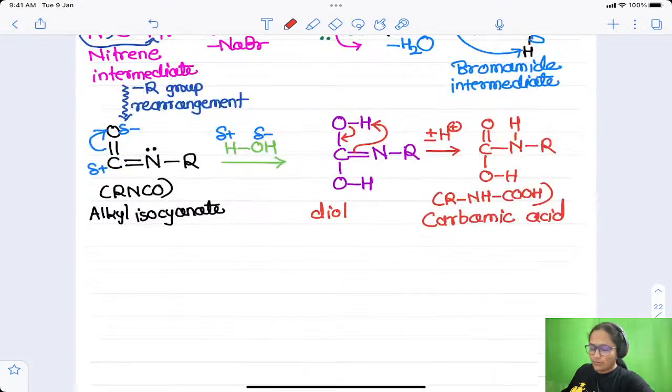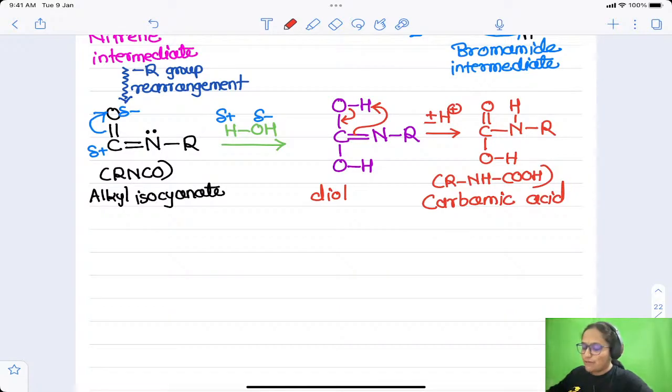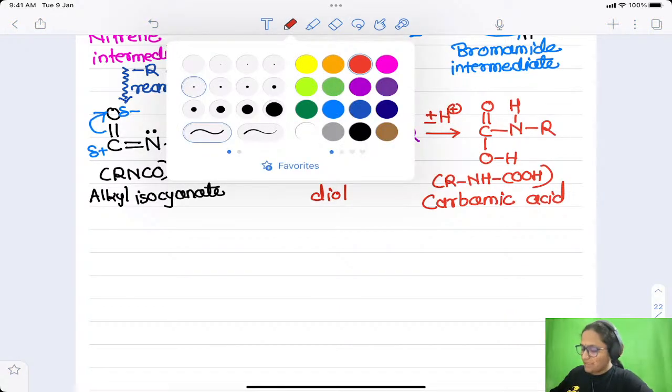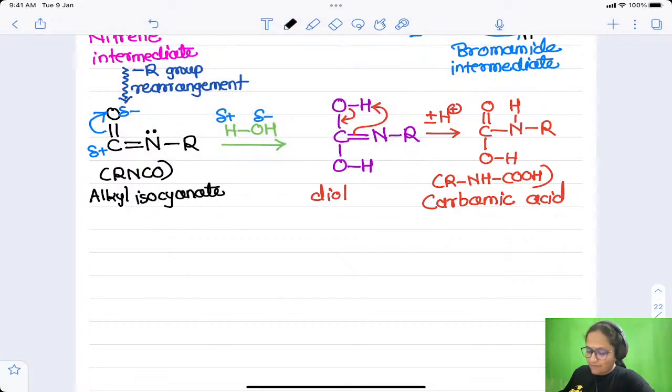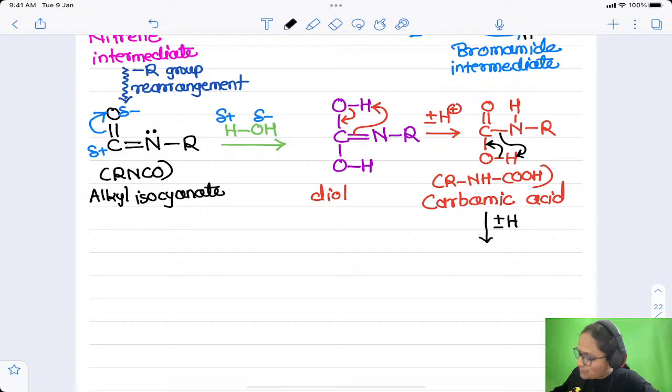They ask questions based on all these different types of intermediates. Now again, after this, what happens, guys? Again this bond gets shifted in between carbon and oxygen, and this abstracts this proton. So again the hydrogen is shifted within the same molecule from one position to other.